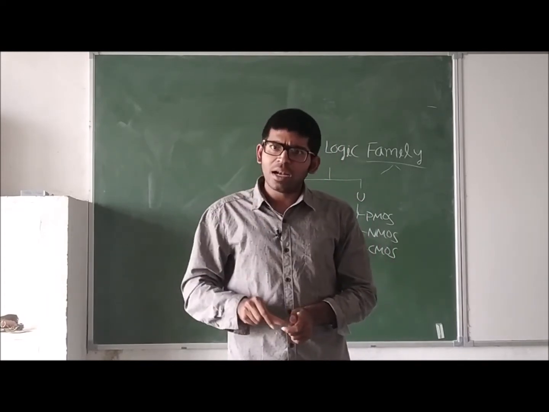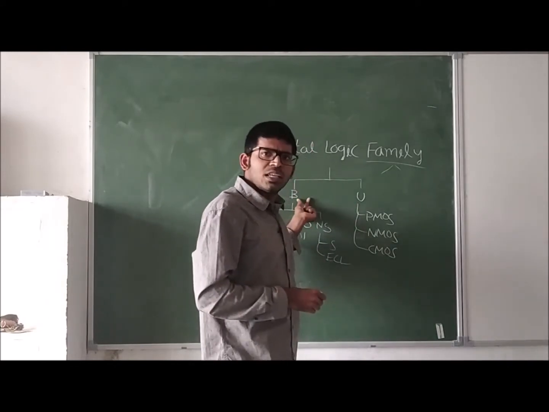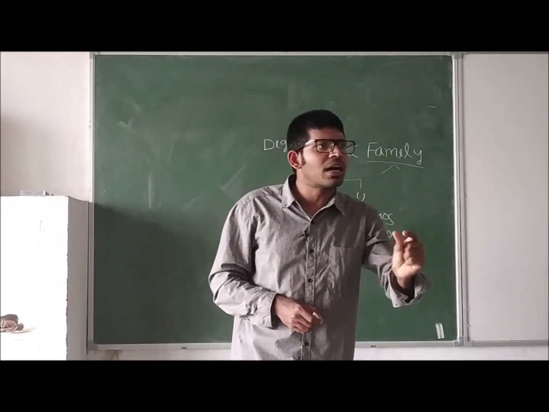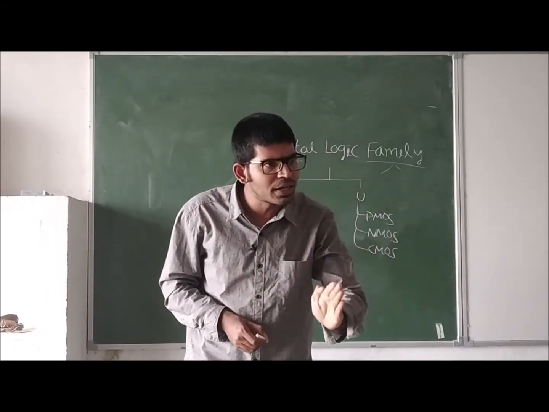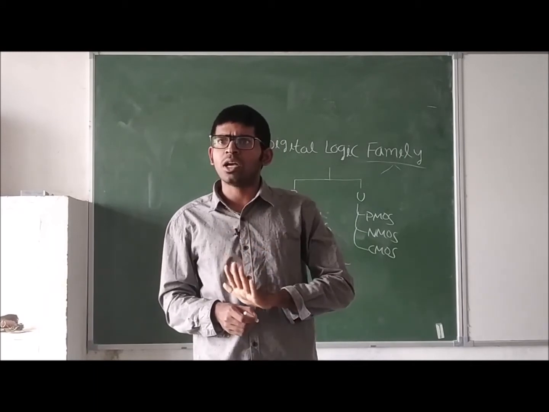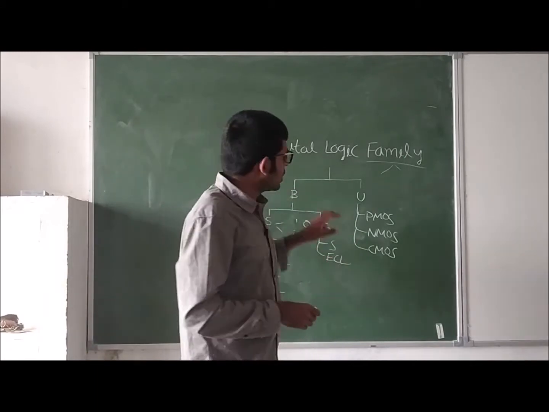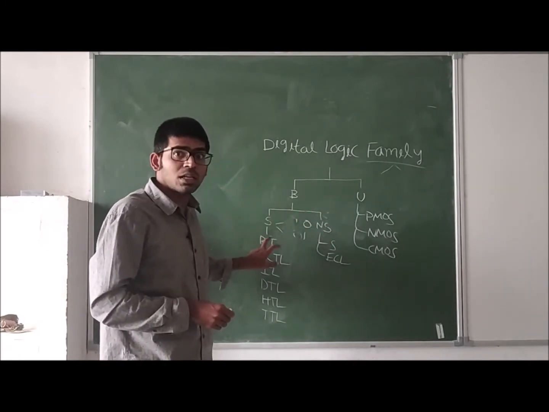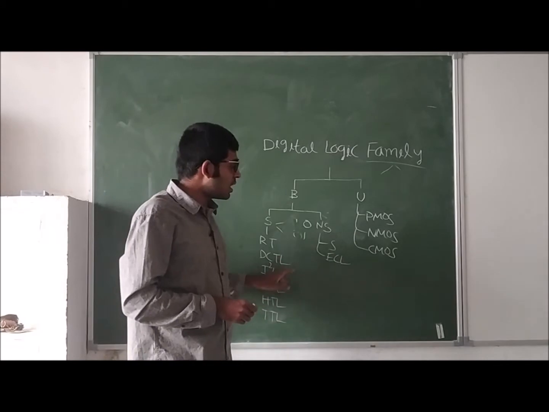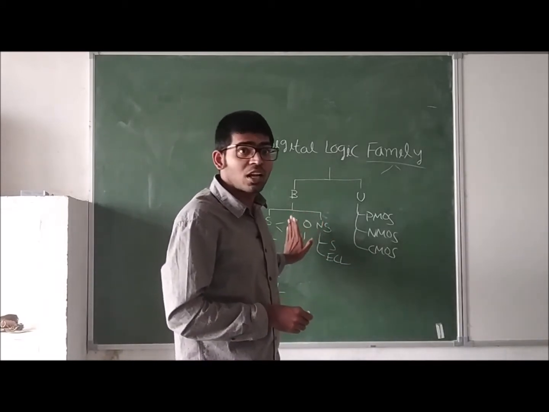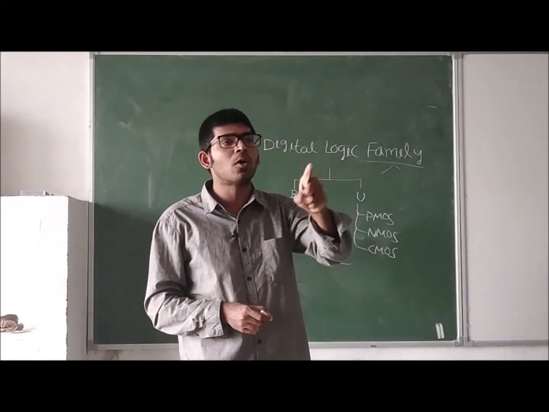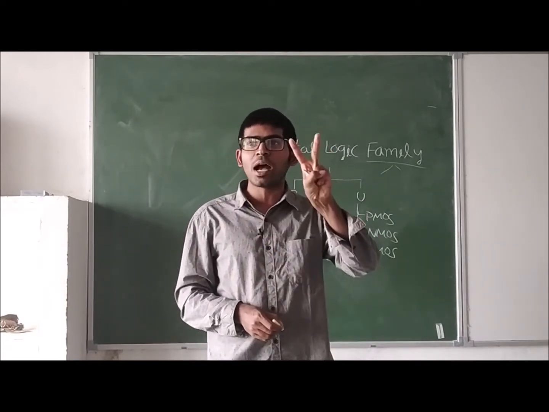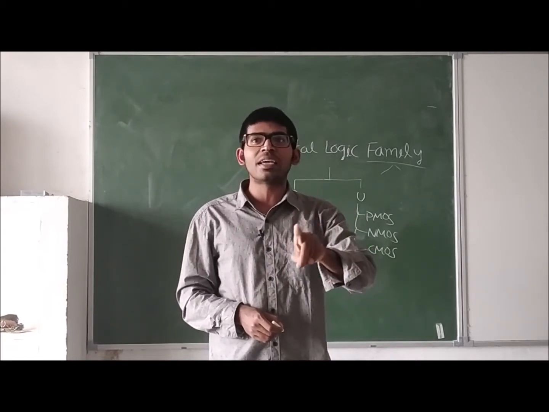Okay? And similarly, what is the bipolar technology? If we manufacture any device by using the bipolar technology, then in that device the current is due to both minority carriers and majority carriers. If we manufacture an AND gate by using bipolar technology, saturated or non-saturated, whether it is direct coupled logic, resistor transistor logic, transistor logic, or emitter coupled logic, irrespective of the technology, the current in that device must be due to the majority and minority carriers.